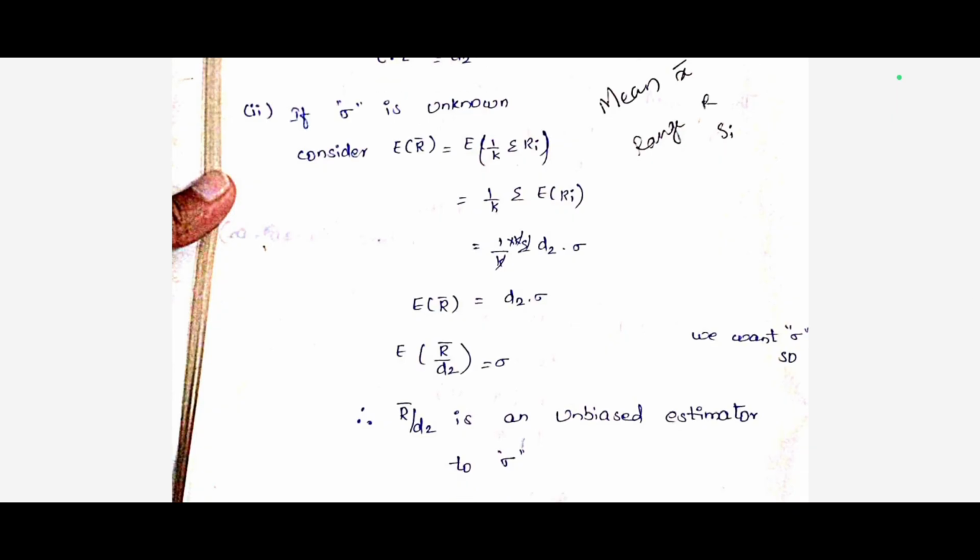Case 2: if sigma is not given, that is unknown, consider the expected value of R bar, that is the expected value of 1 by k into the summation of Ri, which is 1 divided by k times the summation of the expected value of Ri.